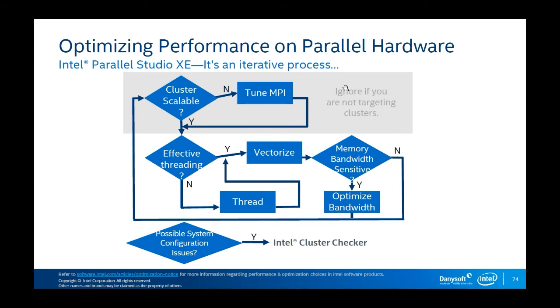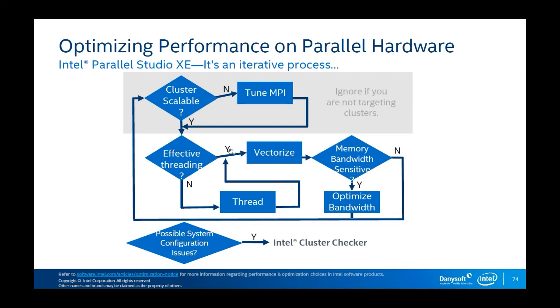In the case of not having a cluster, this upper part could be ignored. For the rest of the webinar session, I will focus on this part, which corresponds to an application that can be efficiently parallelized, first of all, using threads.